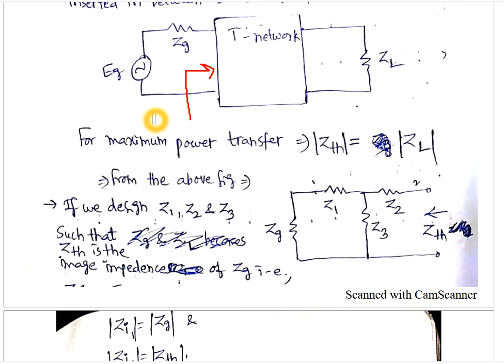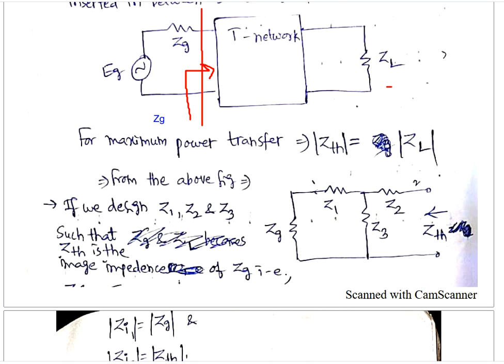Yes or no? It should be ZG, because the load seen from the source EG should be equal to ZG for maximum power transfer. With that condition, when the load is terminated here, we have a source impedance of ZG, and while determining ZTH, which should be equal to ZL, we have terminated impedance of ZG.